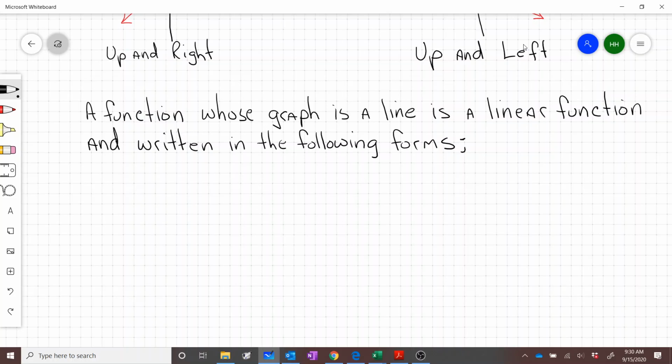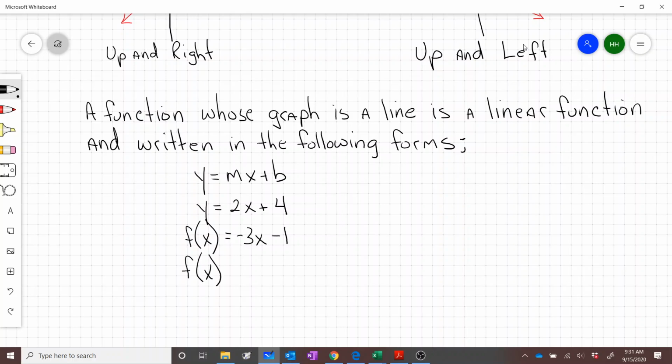You've seen it for a while. y equals mx plus b. You could see it as y equals 2x plus 4. You could see it as the function of x is equal to negative 3x minus 1. Those are all linear functions.